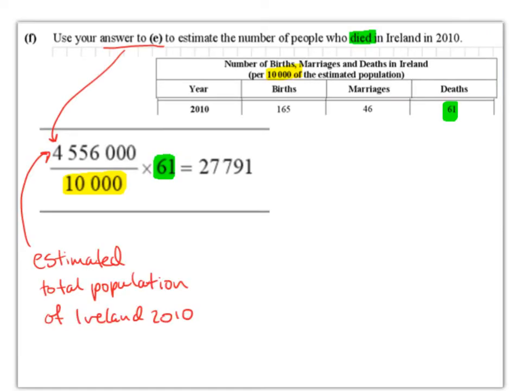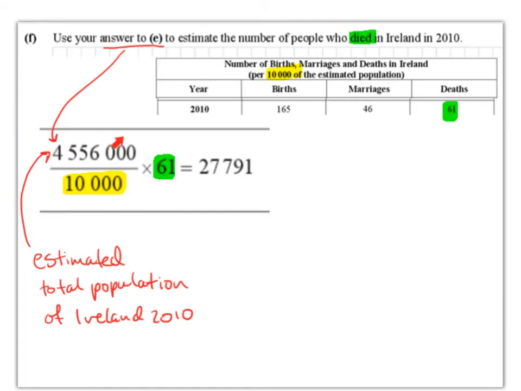Use your answer from E to estimate the number of people who died in Ireland in 2010. So again, remember that our data was all per 10,000 of the estimated population. So in 2010, there was 61 deaths per 10,000. And in the previous question, we worked out that there were 4,556,000.